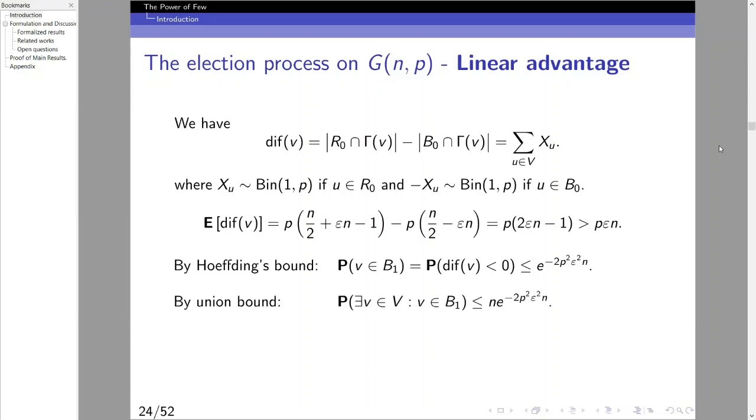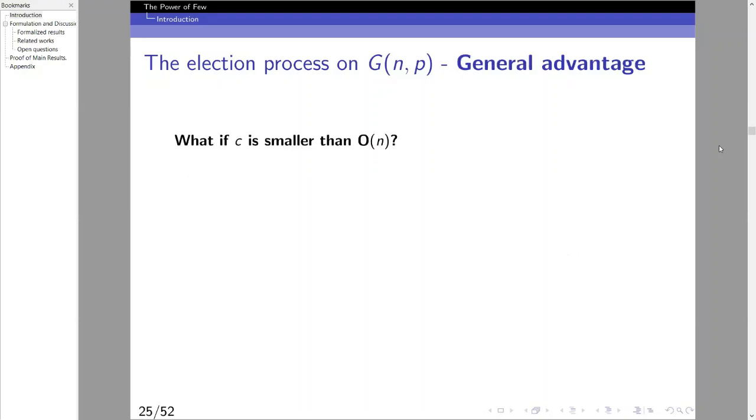And by union bound, the chance that anyone turns blue is also exponentially small. So the reverse happens with almost certainty, which is that red wins after just 1 day. So it turns out that a linear advantage is so large that it guarantees a 1-day victory.